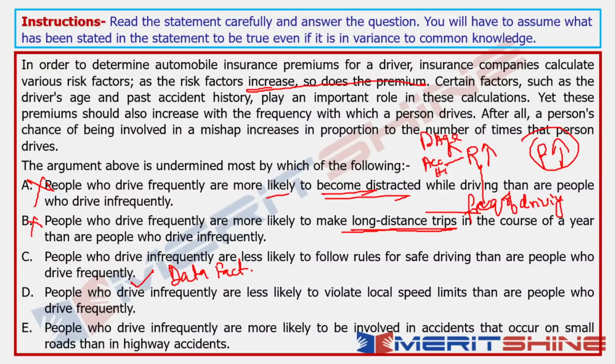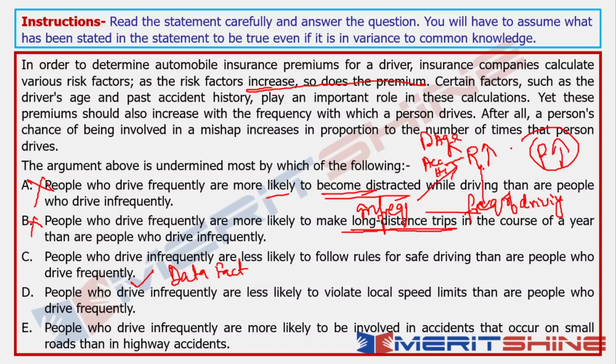They follow fewer rules than those who drive frequently. So then, my dear friends, what happens? Infrequent drivers also have a high incidence of risk. Yes or no? Right? So the author's argument that frequent drivers drive more and therefore risk is high is also matched by infrequent drivers being less safe drivers and therefore their risk is also high.